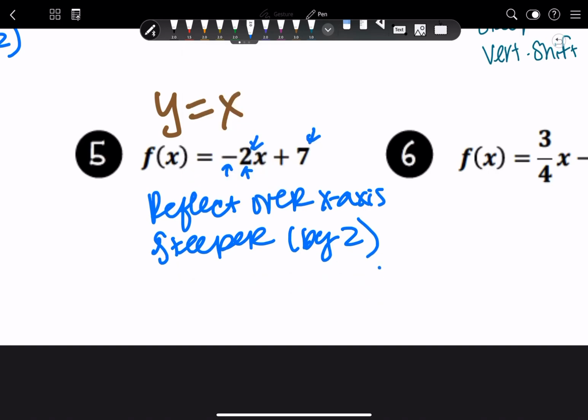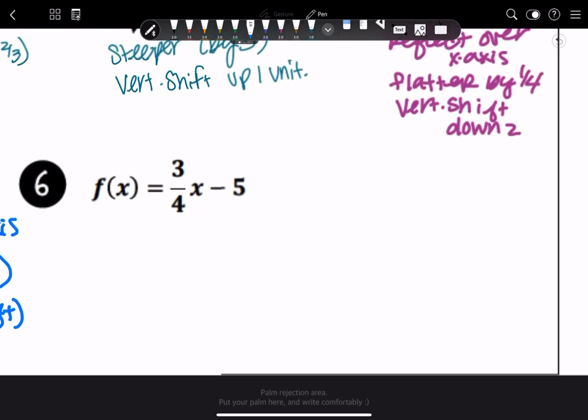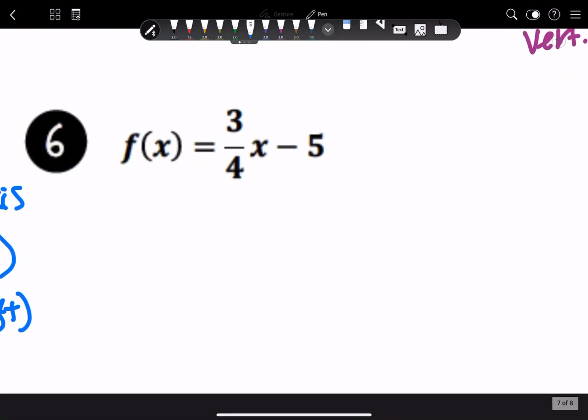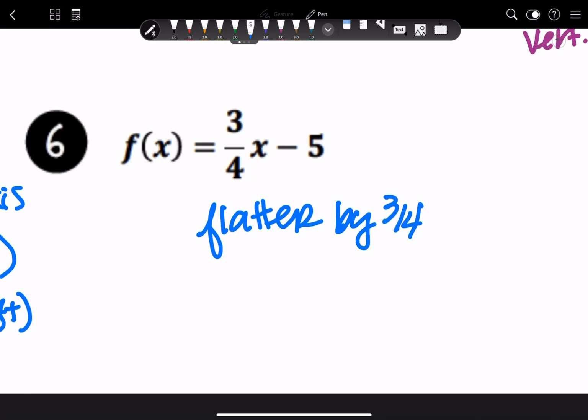And our last one is number 6 right here. Number 6 is going to be flatter by 3/4.